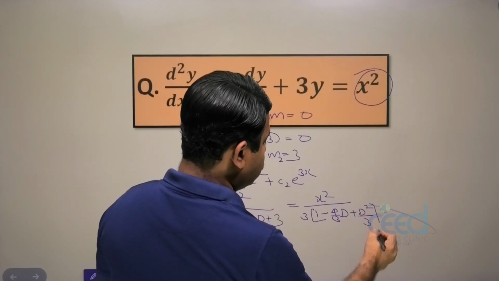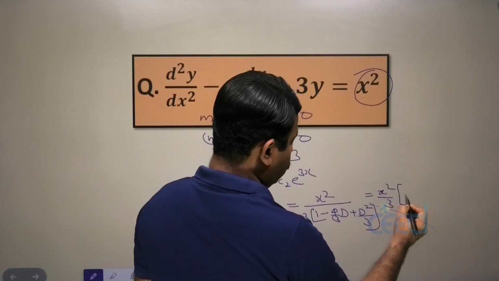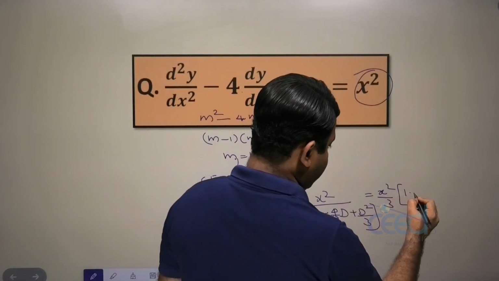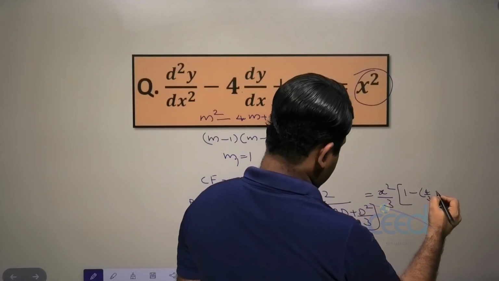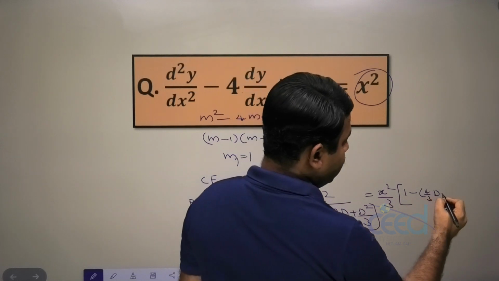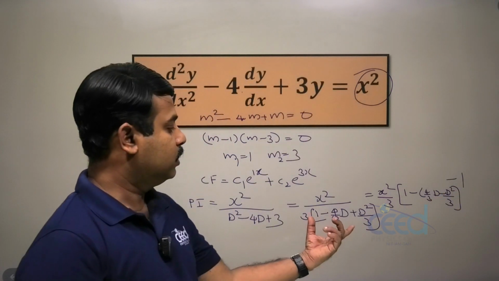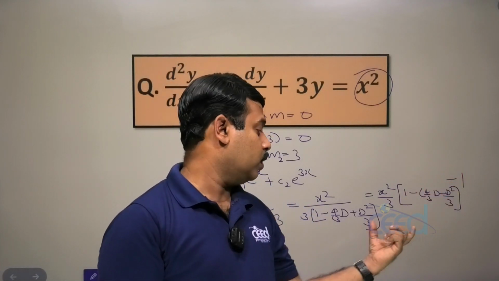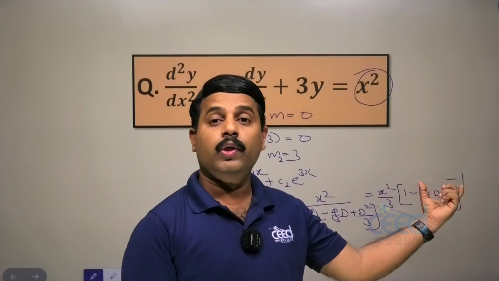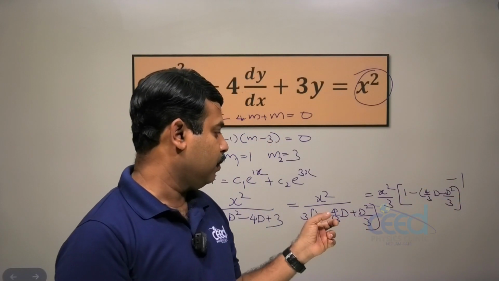Now this is x square by 3 into 1 minus of 4 by 3 d minus d square by 3, all raised to minus 1. The denominator term I have taken to the numerator, so the power becomes minus 1, and here I took minus common.